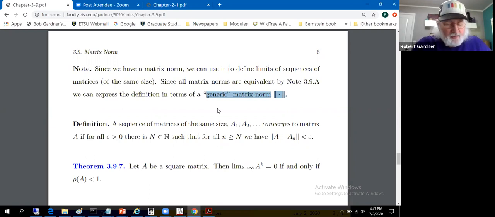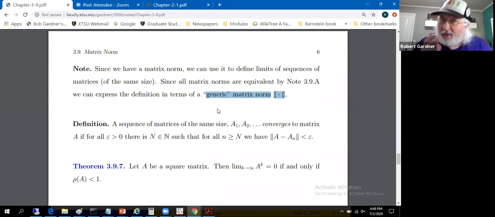We mentioned the importance when we talked about equivalence of vector norms. The importance of equivalent norms is that they yield the same convergence. A sequence that converges with respect to one norm will converge also with respect to an equivalent norm, and the same for divergence. A sequence that diverges with respect to one norm will diverge with respect to an equivalent norm.